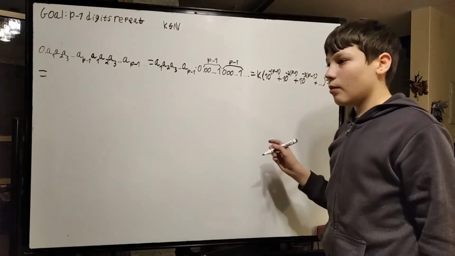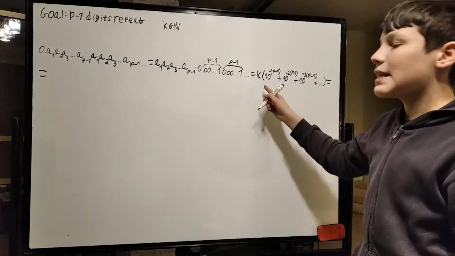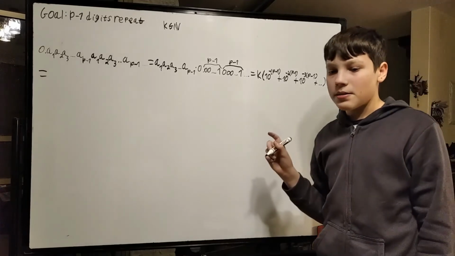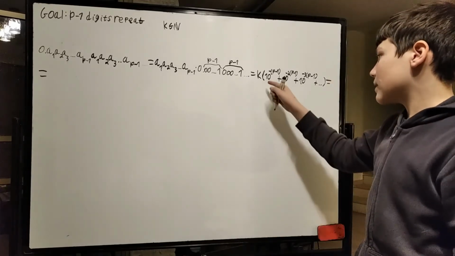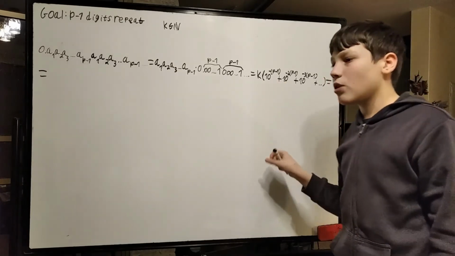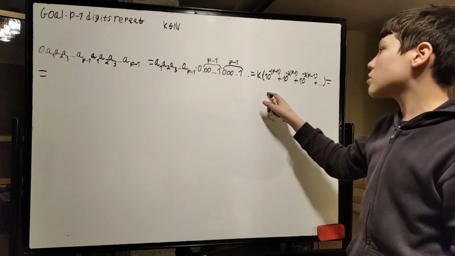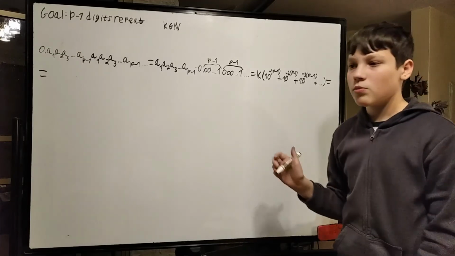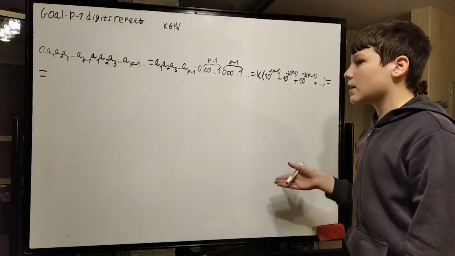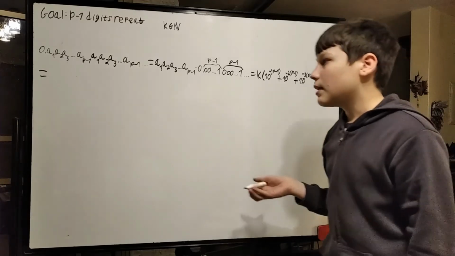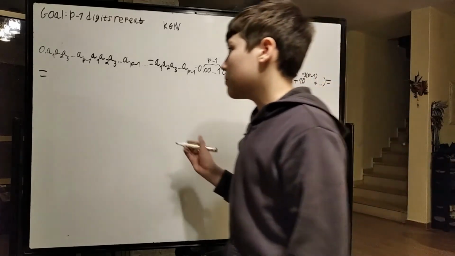Now we can see that this is an infinite geometric series with the a being 10 to the negative p minus 1 and our r also being 10 to the negative p minus 1, because the power each time decreases by p minus 1.